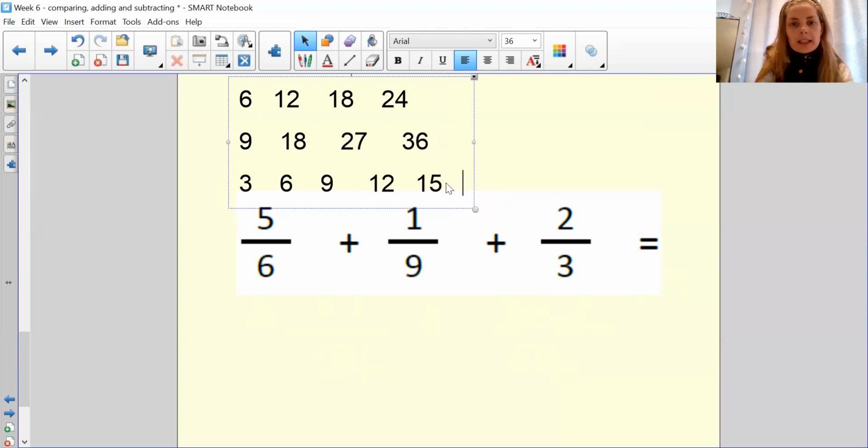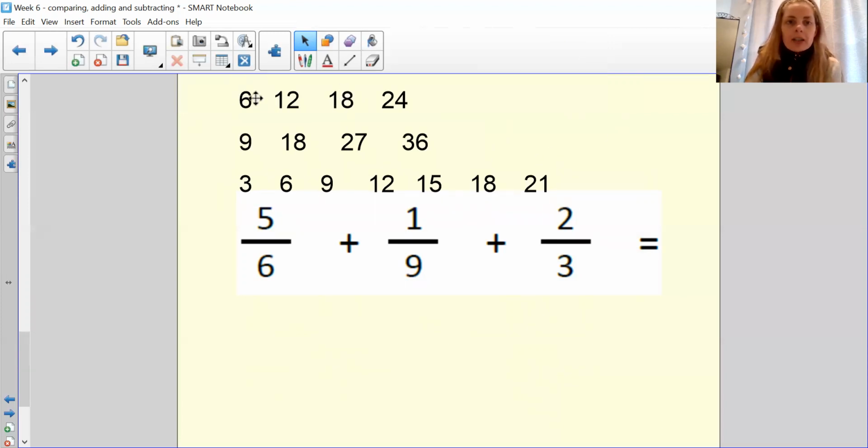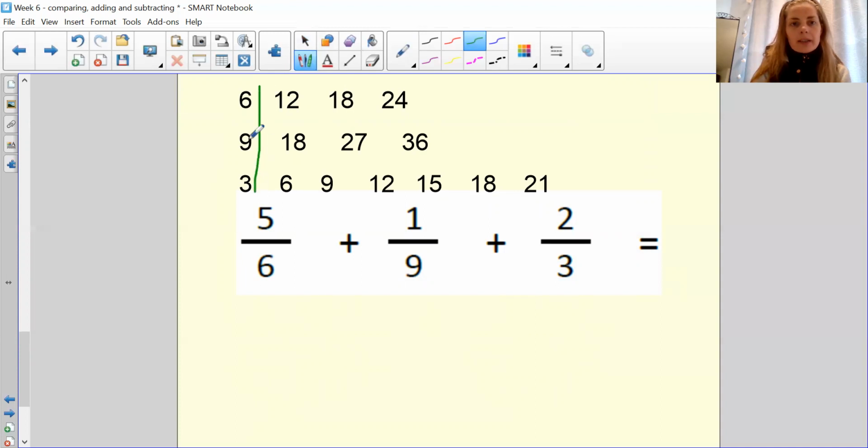So 15, 18, 21, and I'm going to stop there. Now, can you see if you can find a number that appears in the 6 multiples, in the 9 multiples, and in the 3 that is the same in each?